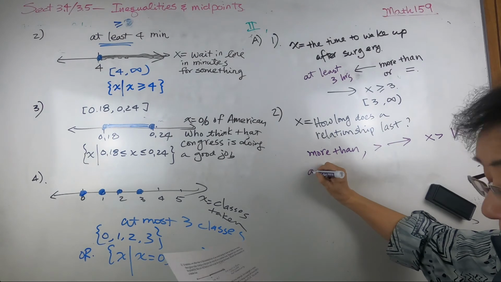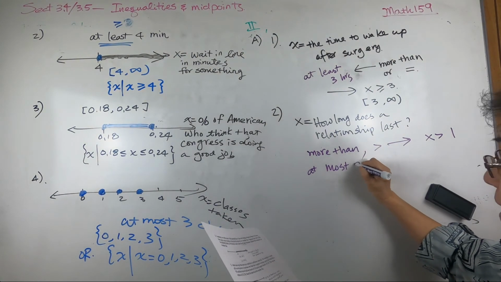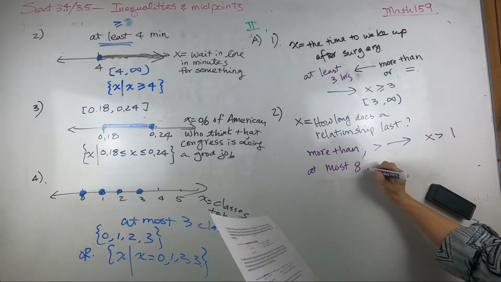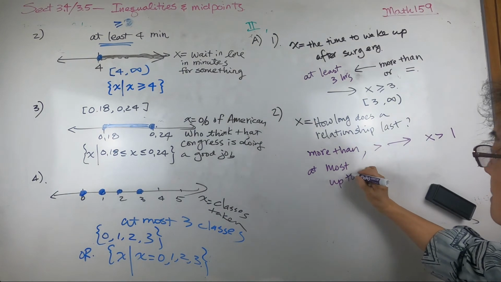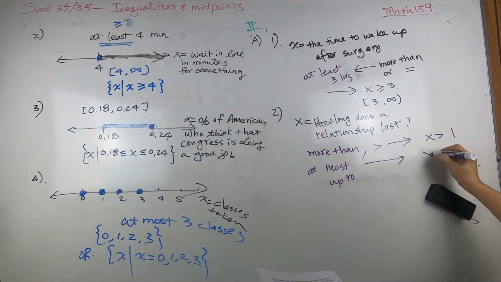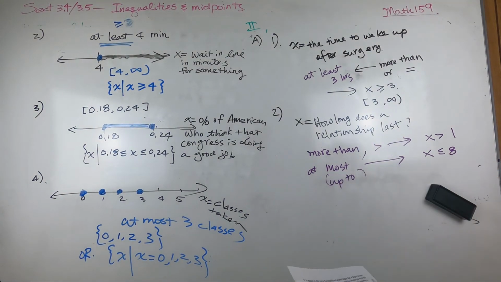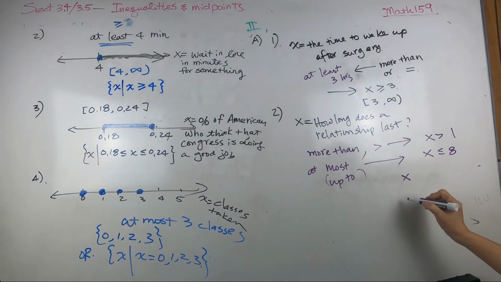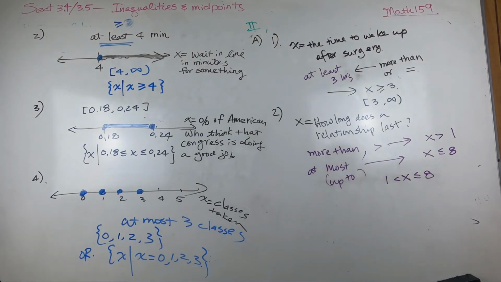Then more than a week and at the most 8 weeks. Then at the most means what? Up to, right? So you do what? Up to 8 weeks. Most up to 8. Then you put it together as a trilinear inequality. Okay, how do you show? The X is in between, bigger than 1 and less than or equal to 8.